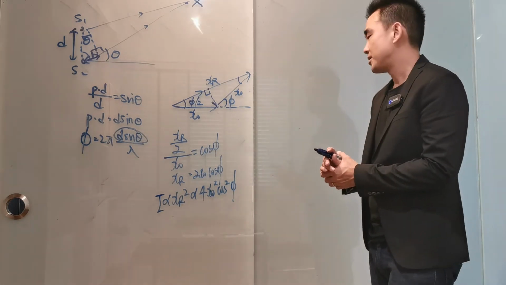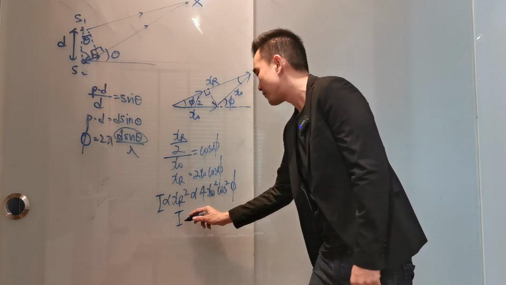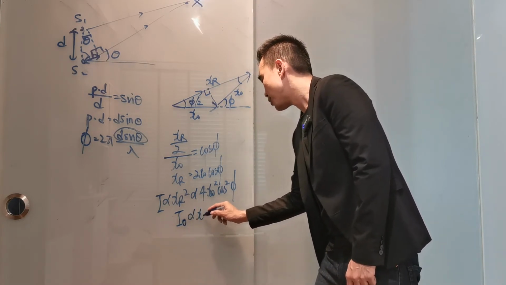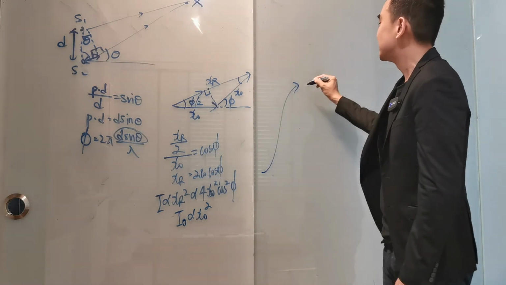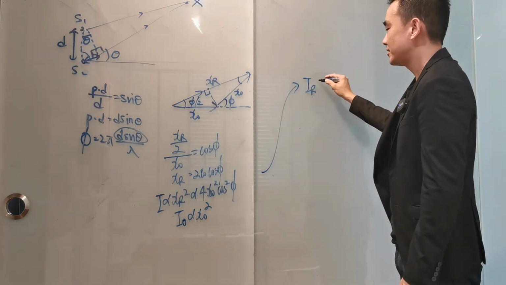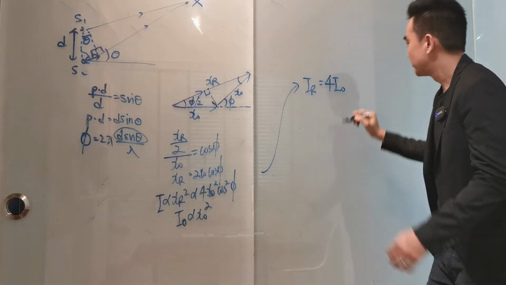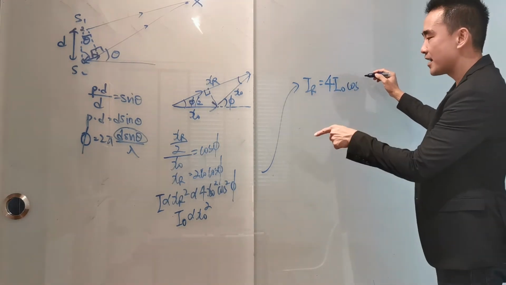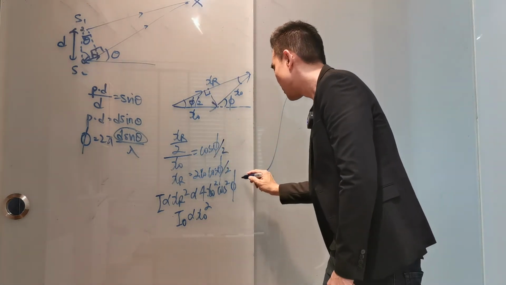And hence, if we compare to the intensity of each of the waves, which is called I0, it is proportional to x0 squared. So combining these two, we can say that the resultant intensity is equal to 4 times the intensity due to each wave times cosine squared of phi upon 2.